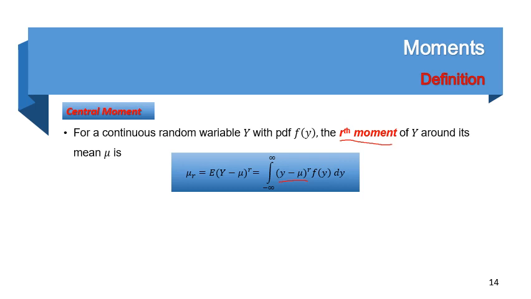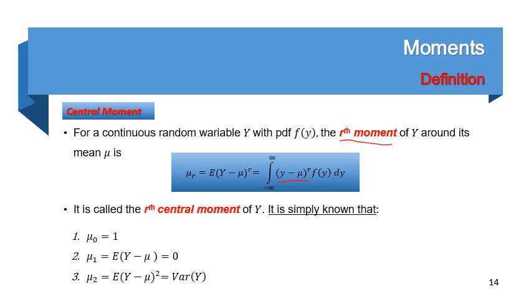And as you remember also, we calculated some of these. If you remember the variance, the variance here was the second central moment. This is our variance. The first central moment is 0, remember this? And the zeroth central moment is 1. These things you can be asked for as MCQ or as correct or wrong, so please, you have to remember these.